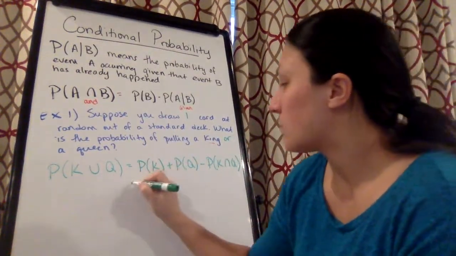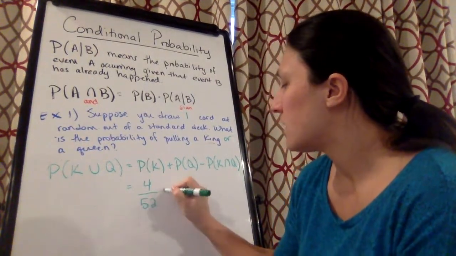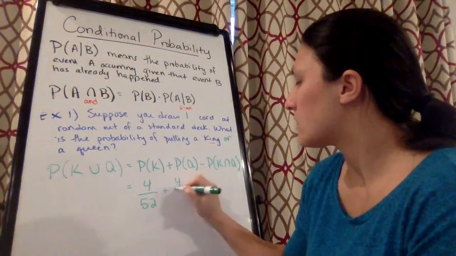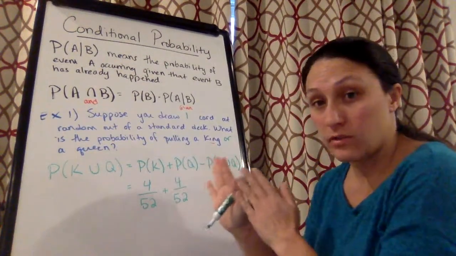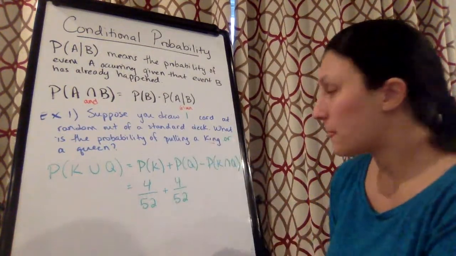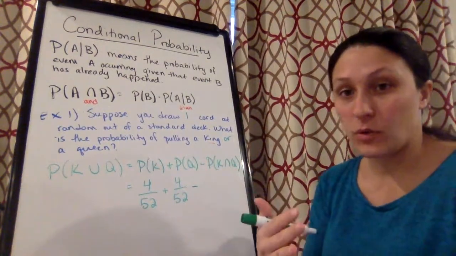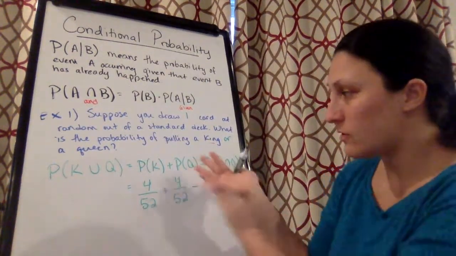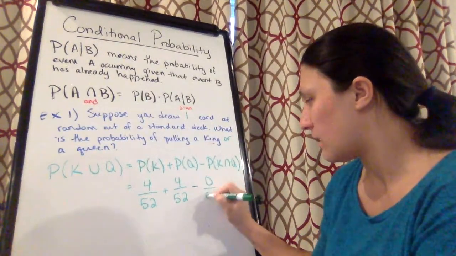The probability of pulling a king, there's only 4 kings out of 52 cards. The probability of pulling a queen, there's only 4 queens out of 52 cards, assuming that you're only pulling 1 card. So this is not a condition anymore. Then you would subtract off any cards that are both kings and queens. But as we said before, these are mutually exclusive groups, so there is no card that's both a king and a queen.